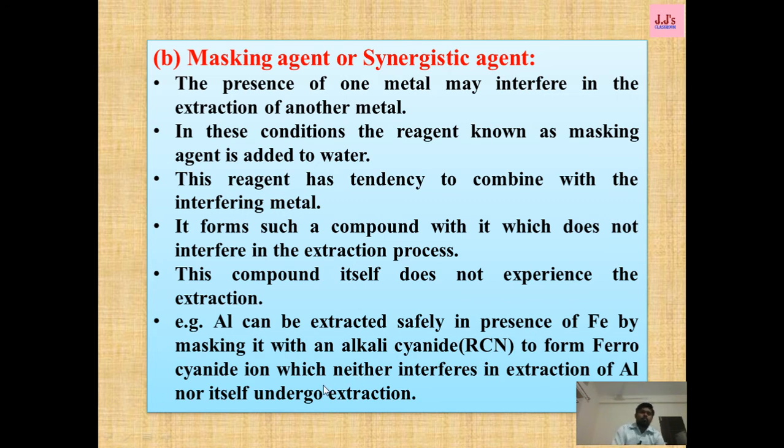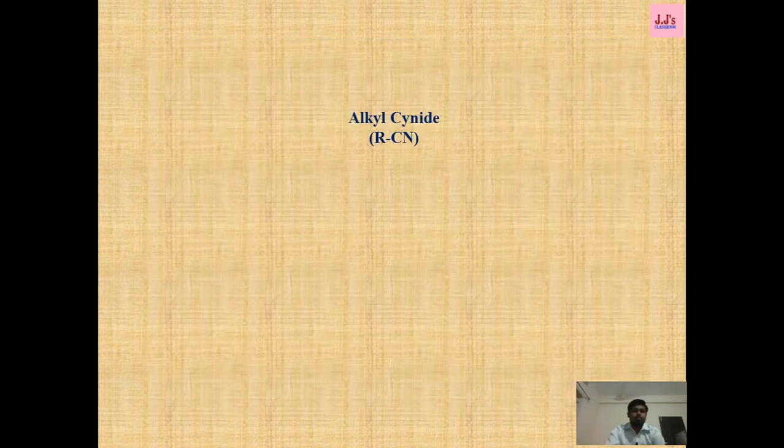That is a simple process. By addition of the alkali cyanide, it reacts with the iron and forms ferrocyanide ions. Then in that complex iron is trapped, and because of that, aluminium is now freely available for extraction.